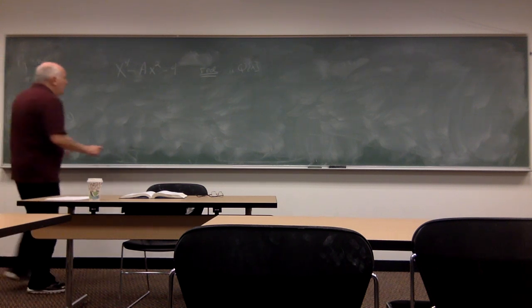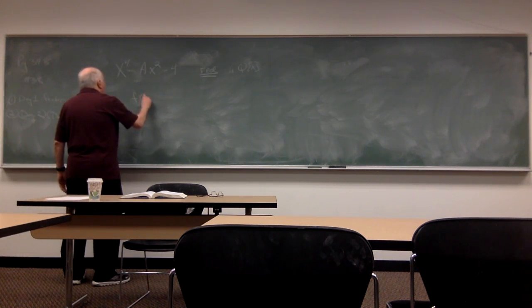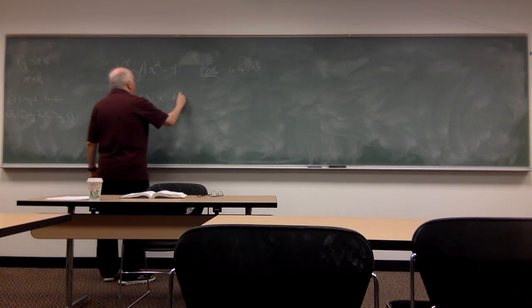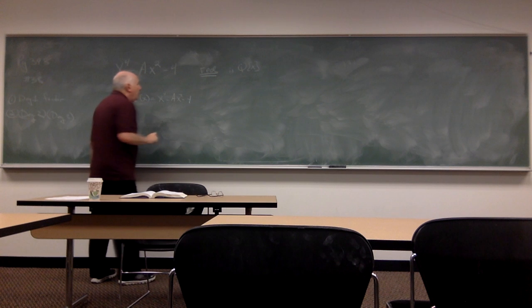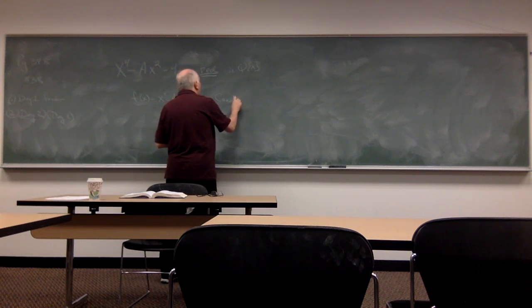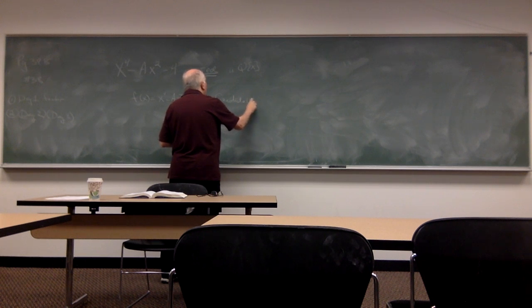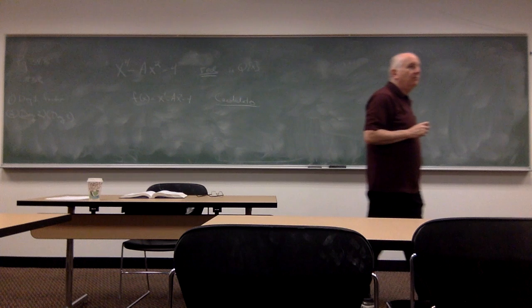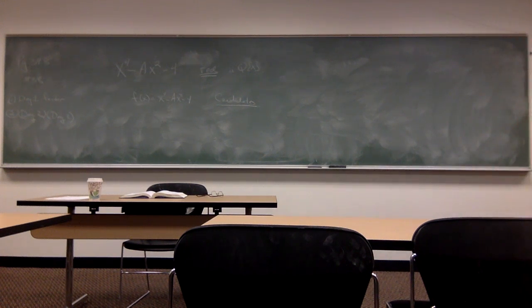So, I'll write this as f of x is x to the fourth minus ax squared minus 4. And what are the potential candidates to be rational roots? They would have to be the divisors of negative 4, right?